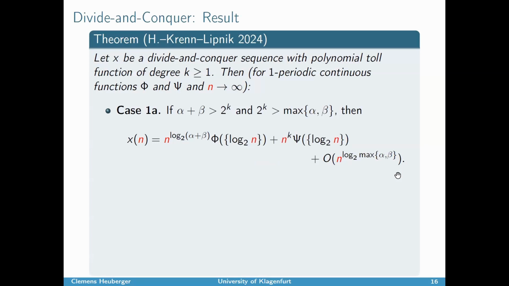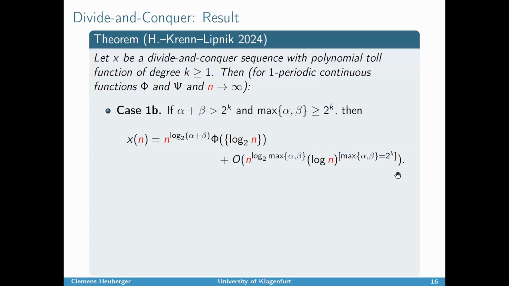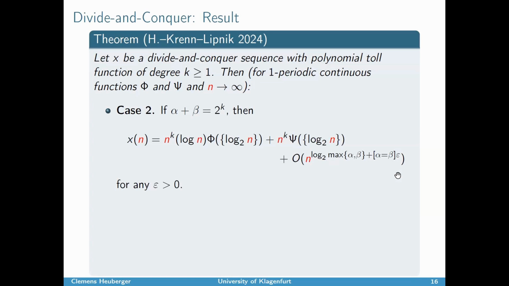Well, depending on the sizes of alpha and beta, and depending on the degree of the toll function, so I'm only considering polynomial toll functions here, I get different behaviors. Think about master theorems, yeah? There, if the toll function is large, the toll function takes over. If the inherent thing is large, then this one takes over, and then there are some boundary cases, edge cases, where we might have funny things.